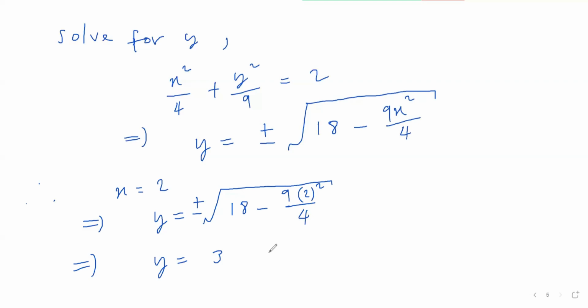You get that y is equal to 3, or y is equal to minus 3. So you get 2 y values that correspond to x is equal to 2. That's basically 2 points: the point 2, minus 3 and the point 2, 3.